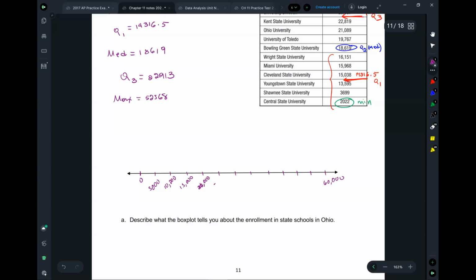This is the part where most students mess up because they only put in the numbers in their 5-number summary, but you have to have a standard scale, like a ruler.